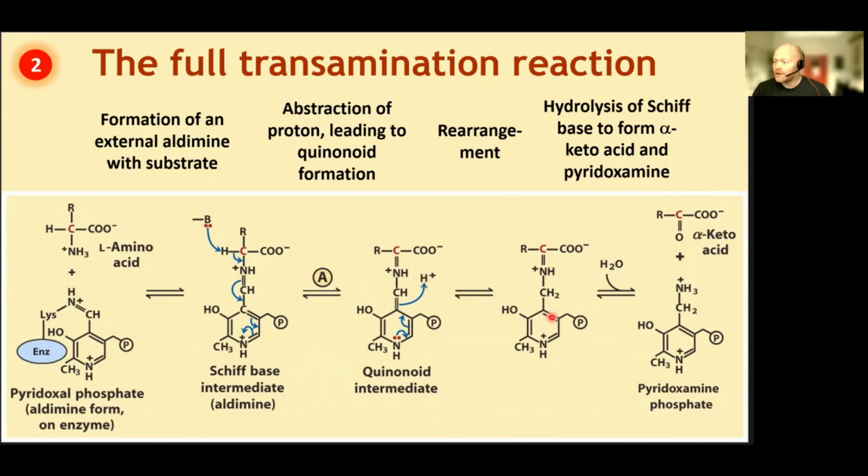So in the final step here, the active site takes a water molecule from the solvent to hydrolyze the connection between what will become the alpha keto acid and the pyridoxamine phosphate. This compound can again form an internal aldimine bond with the enzyme, as shown here in the first leftmost structure.